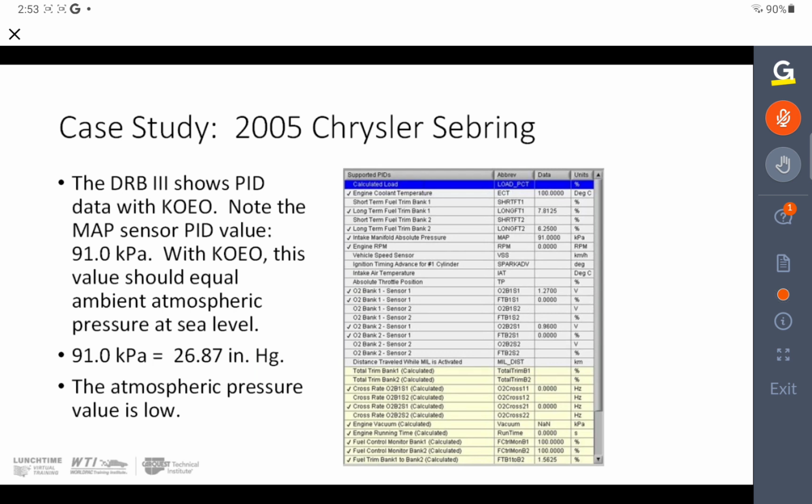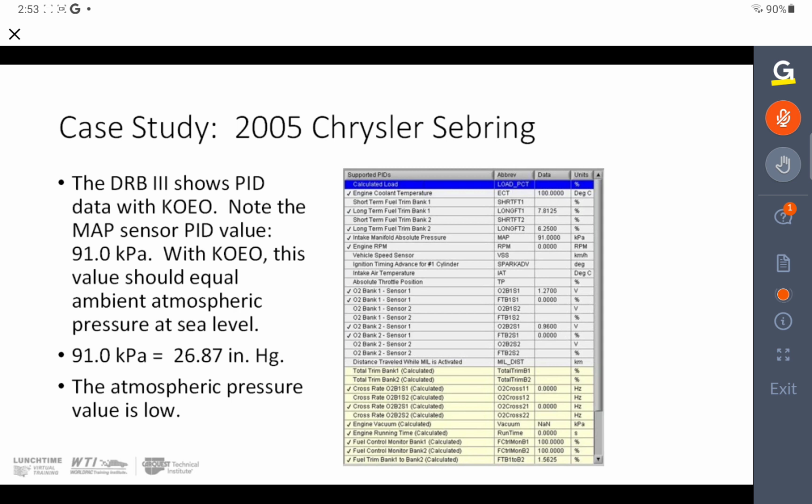Looking at more information, looking at the data PIDs, key on, engine off, the MAP sensor PID value showed 91 kPa. With the key on, engine off, 91 kPa equals 26 inches of Hg, which is not the right altitude.